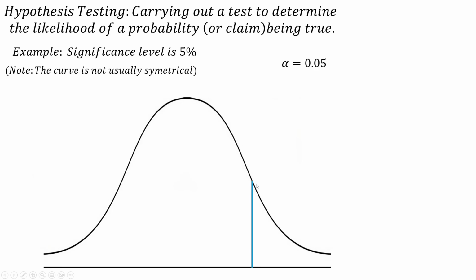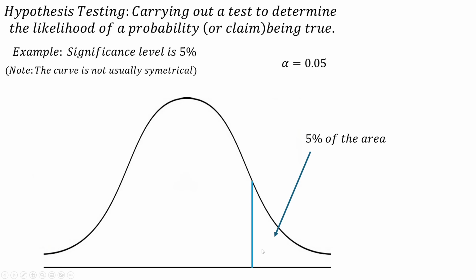But we're saying if we just draw a line here, the significance level being 5% just means that this area here is 5%. It could have been a really small sliver here, right? But the thing is, we always take significance levels from either side. So 5% going from the right or 5% going from the left. And whichever way you're coming from depends on what the question's actually asking.